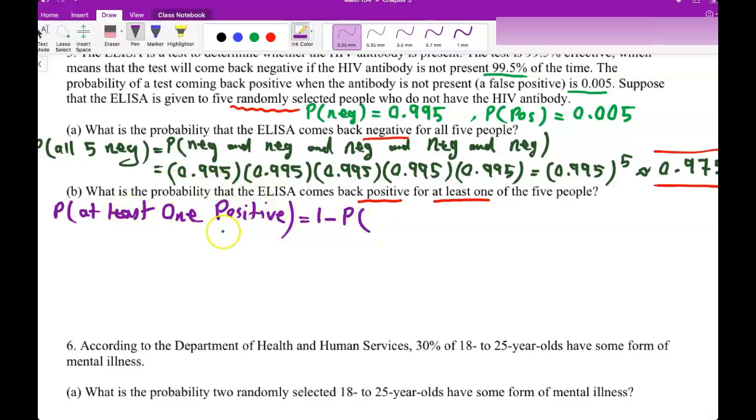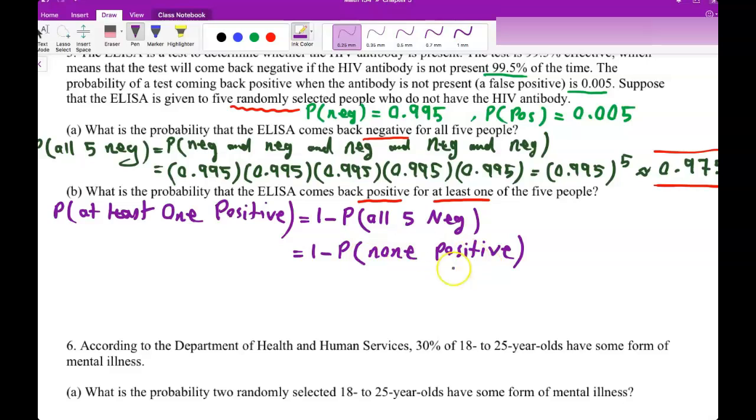So here we have positive. On this part I have negative, all of them: the probability of all 5 negative. Or in other words, it is 1 minus the probability that none is positive. See, none positive is exactly the same as having all 5 negative.